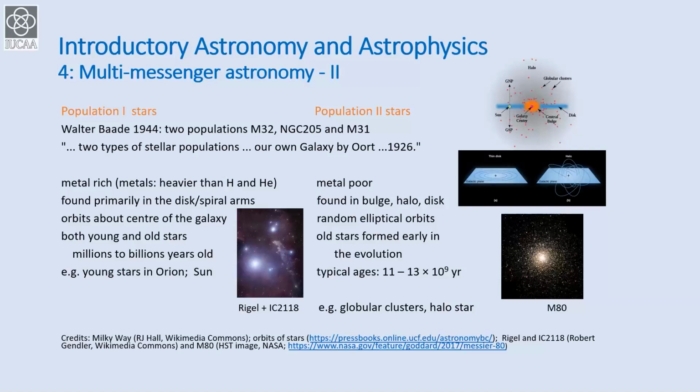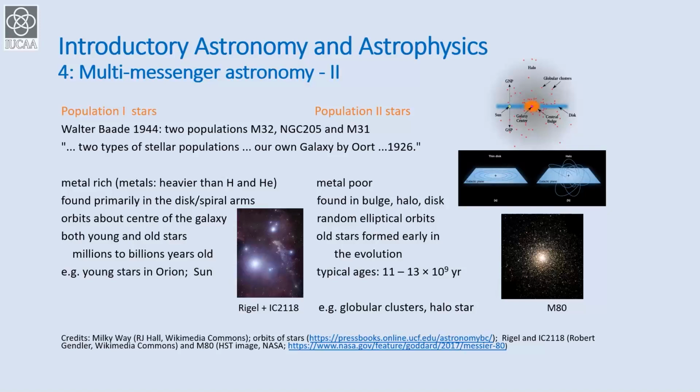They have somewhat random elliptical orbits. They may move through the disk of the galaxy, but most of the time is spent outside the disk, for those which are, for example, in the halo. Their typical ages are of the order of 11 to 13 billion years, and they're believed to be old stars formed early in the evolution of the galaxy.